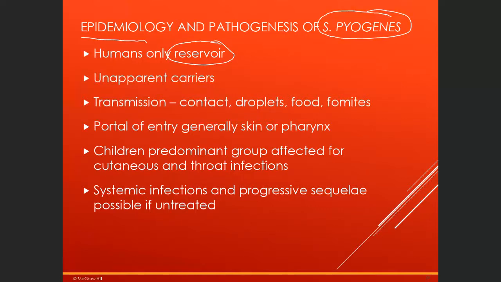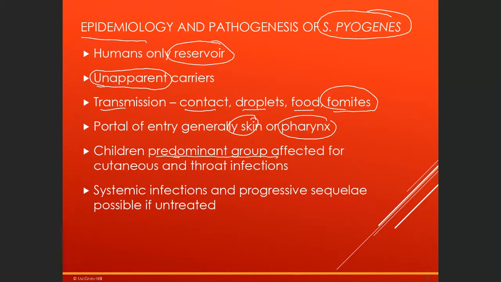Sometimes there is an apparent carrier, meaning no symptom and no sign for this carrier. Transmission is mostly by contact, droplet, food, or maybe fomites. Portal of entry is mostly skin and the pharynx, GI tract and respiratory tract. Children are the predominant group affected by cutaneous and throat infection.